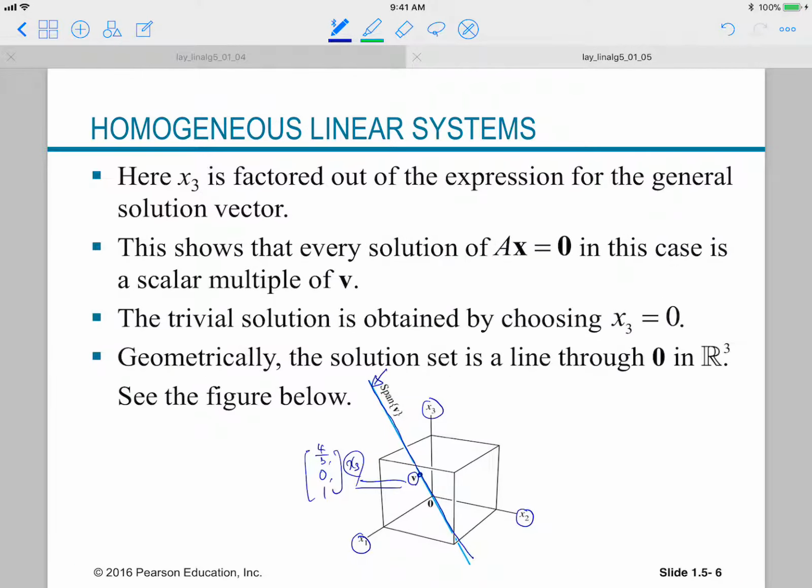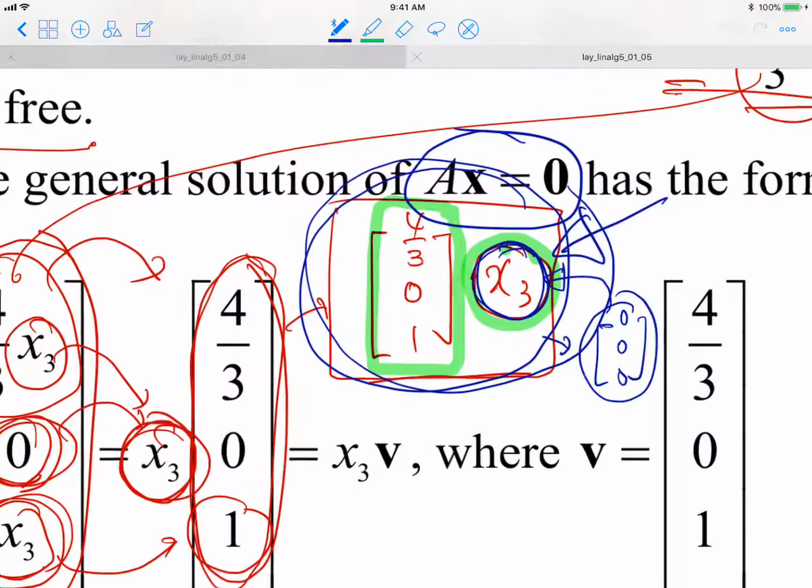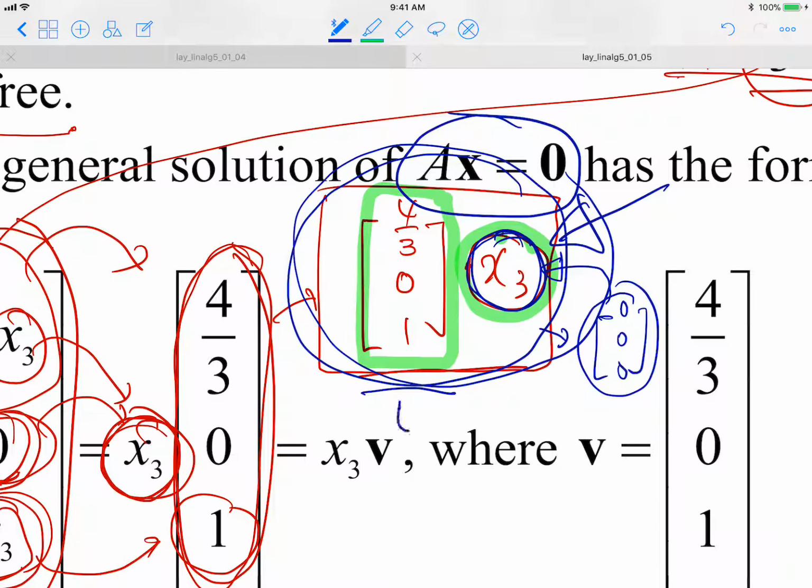In this case, this is our vector u that specifies the direction of our solution set. This is a in boldface, and this is our parameter that we can freely choose, so we can represent it as t, by just rewriting x3 as t, and this vector as u.